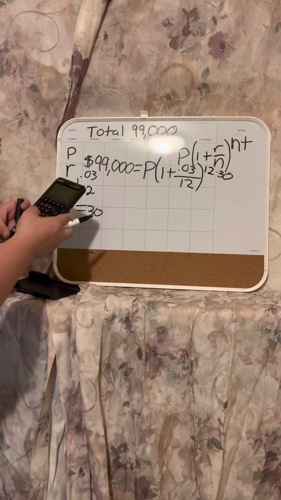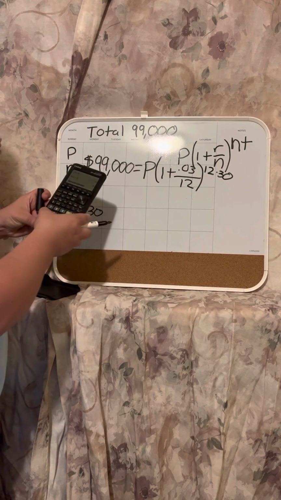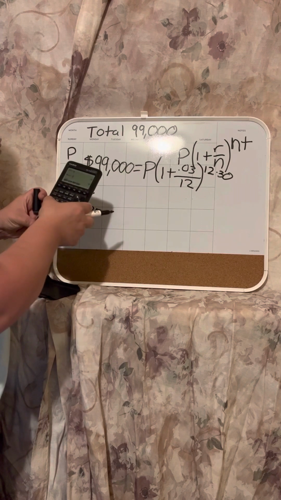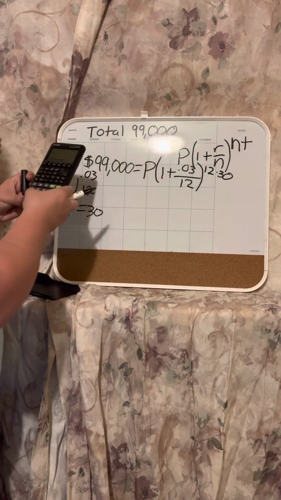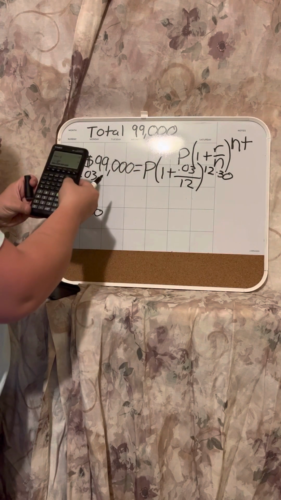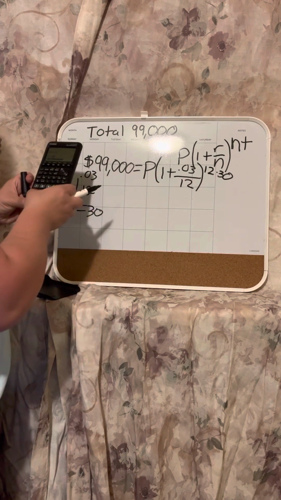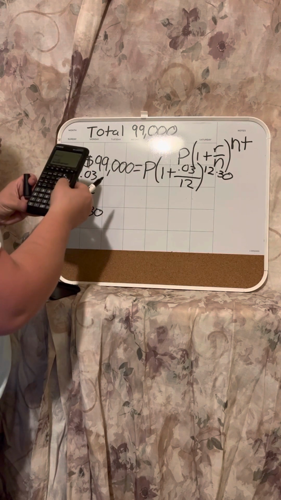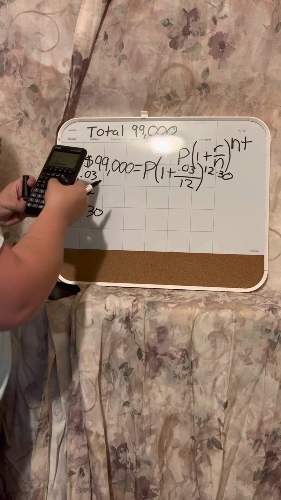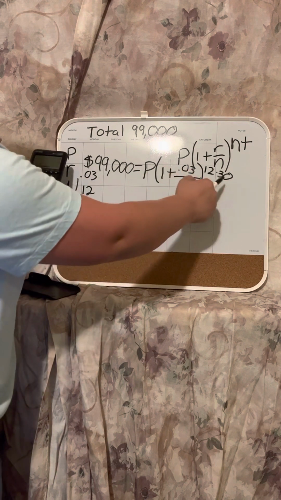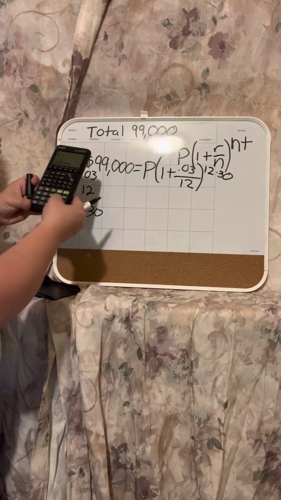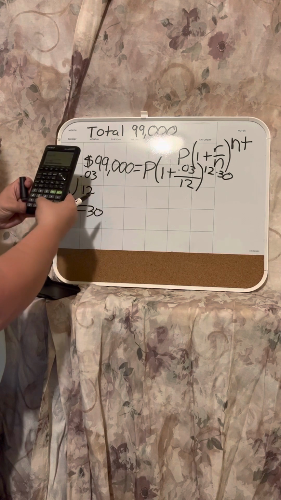So what I type into my calculator is in parentheses 1 plus, and then I do a fraction, 0.03 over 12, close the parentheses, and raise that to 12 times 30. So I'm gonna do that just like so, 12 times 30.